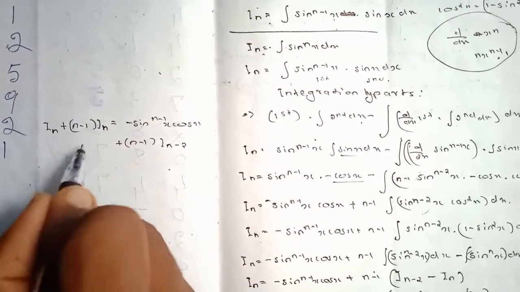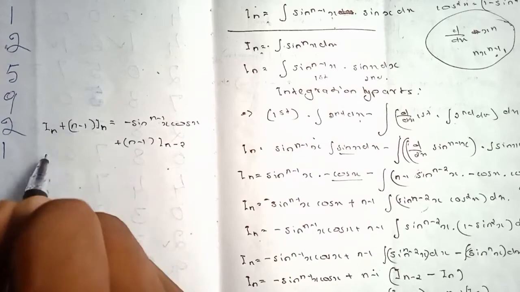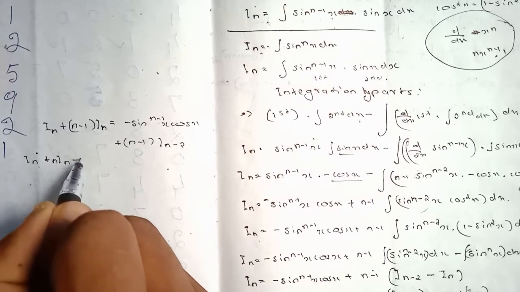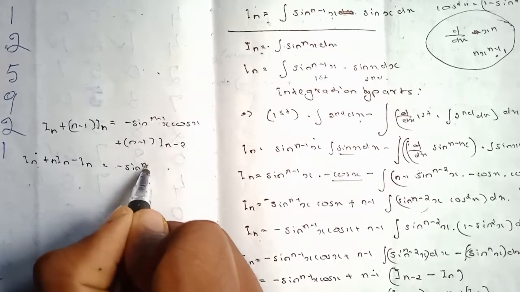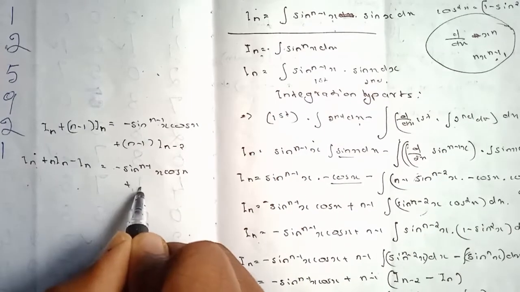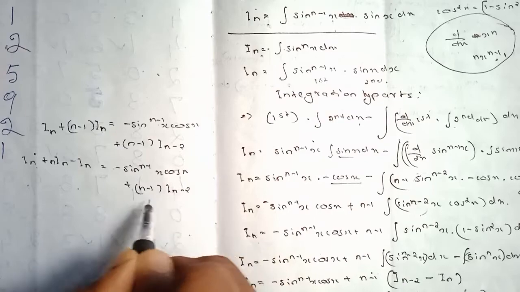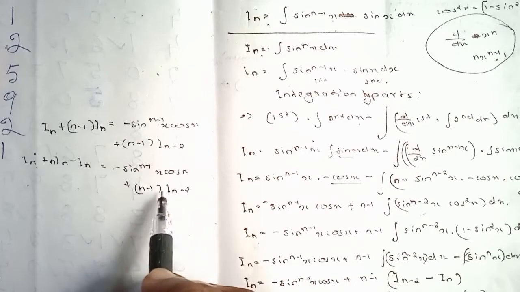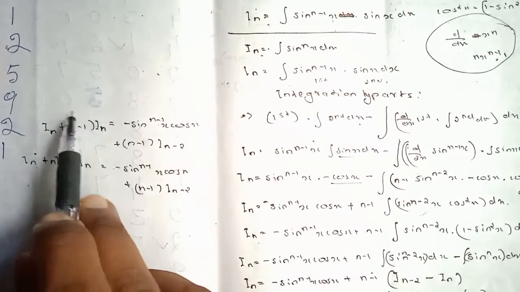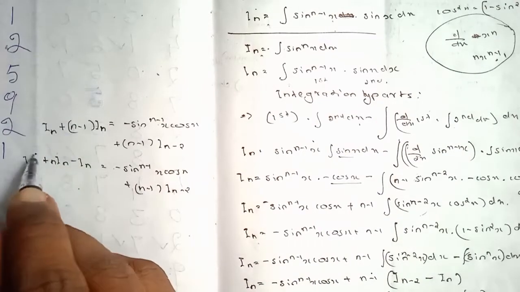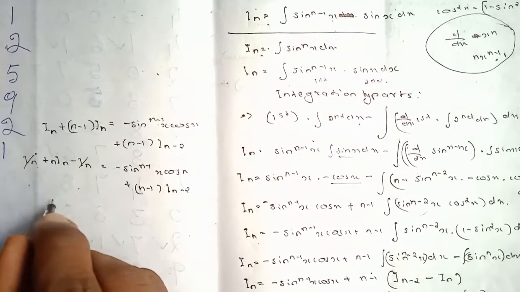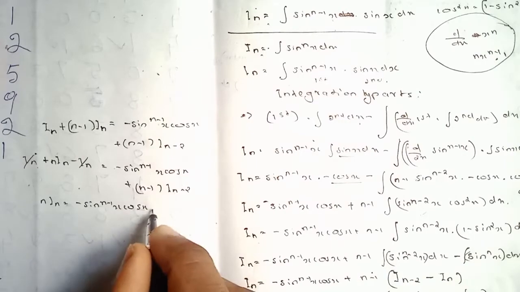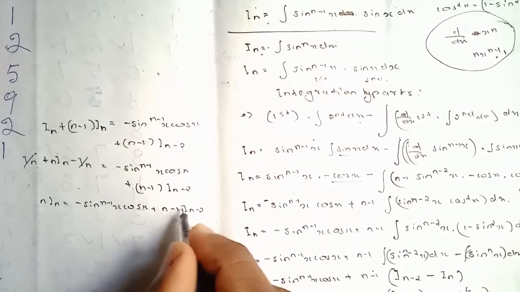Here we can write I_n, open this bracket, we get I_n plus nI_n minus I_n, which is equal to minus sin^(n-1) x cos x plus n minus 1 I_(n-2). Here we don't open the bracket, there is a reason behind this: to simplify the equation and get a proper answer, we open only this bracket, then cancel the I_n term, and finally we get nI_n equal to minus sin^(n-1) x cos x plus n minus 1 I_(n-2).